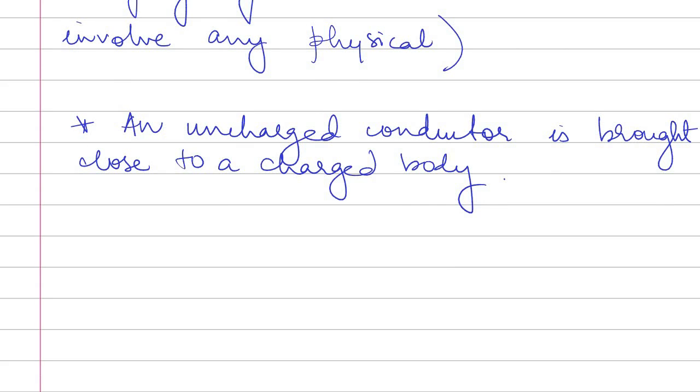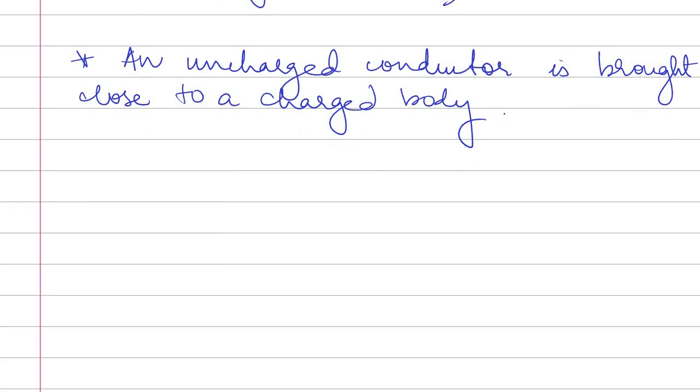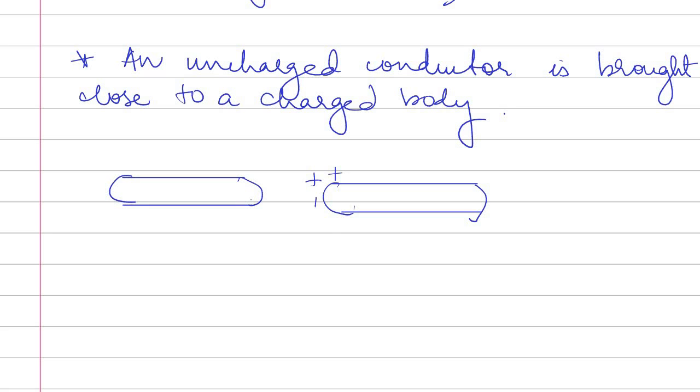Pictorially, I'll just try to draw. Pardon my drawing, I have got a charged rod here. So a negative charge is developed on the near side, and on the far side of the conductor, it will develop a positive charge.